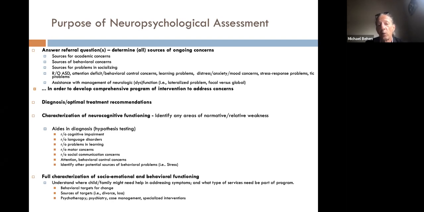And sometimes we'll do neuropsychological evaluations to try to contribute to the understanding of any neurological concerns that we might be seeing, especially sometimes when we're doing assessments for folks who may have Sturge-Weber syndrome, for instance. And again, the point of the assessment is not only to understand the sources, but to come up with strategies to treat the problems, right, and to improve the problems.